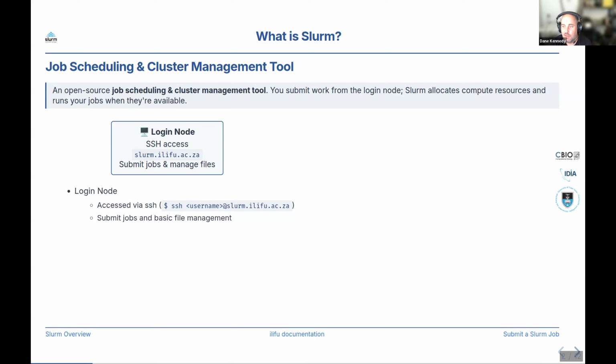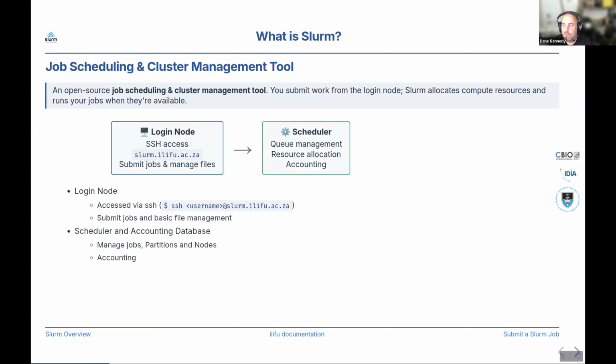Secondly, there's Slurm itself, which has 3 main functions. Firstly, Slurm allocates resources to users. In other words, this is reserving memory and CPU on compute nodes for specific jobs.